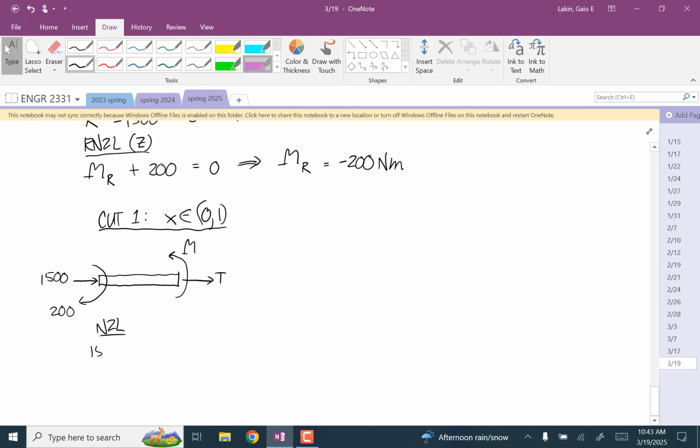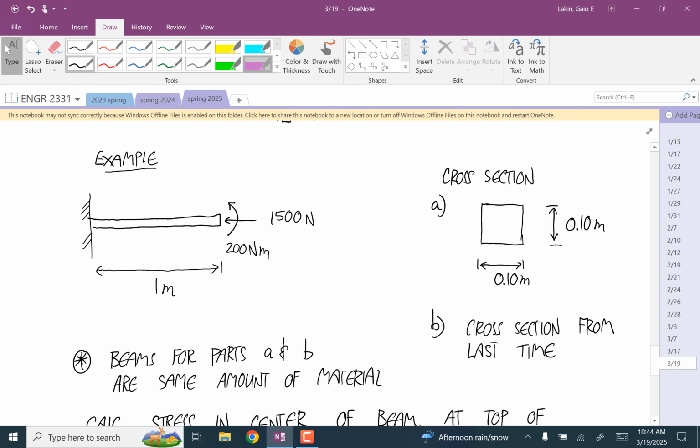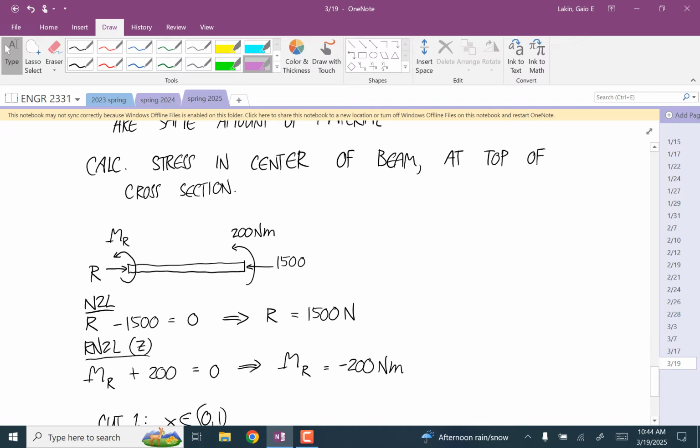Newton's second law says 1500 plus T is equal to 0. So T is negative 1500. That says that this is in compression everywhere. Does that make sense? Is that what we expect? Yeah, this force is just trying to smush this thing against the wall, so it's in compression.